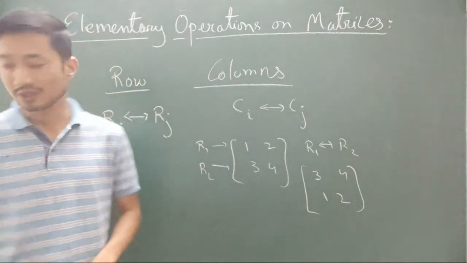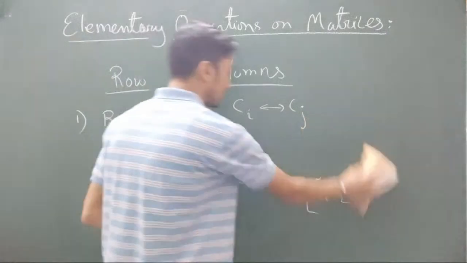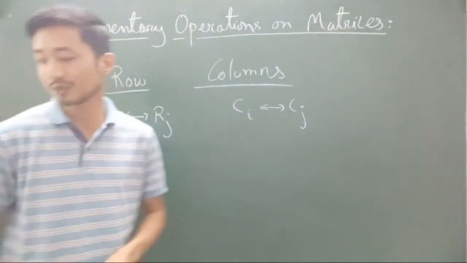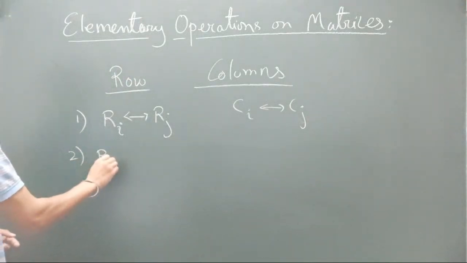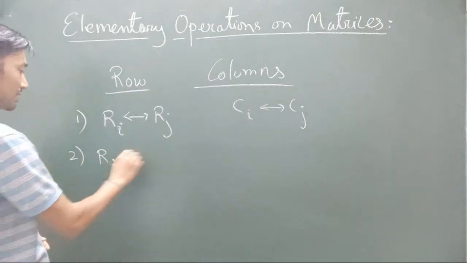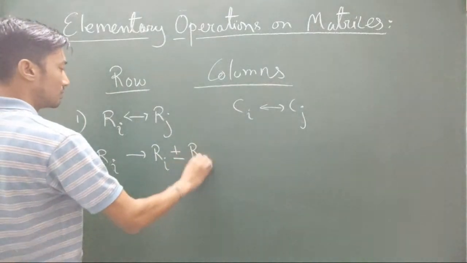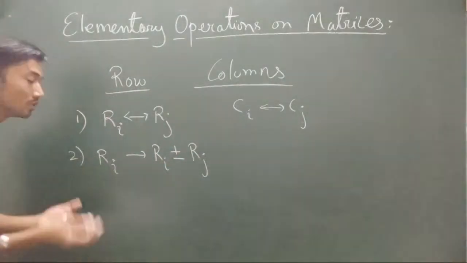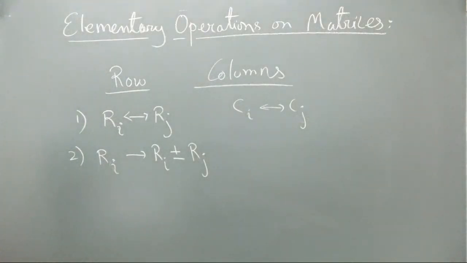These are called operations or transformations. We have row as well as column operations. So we can exchange rows and columns. Don't worry, the value of the matrix will not change. Another thing that we can do is a particular row can be expressed as an addition of two or more rows.